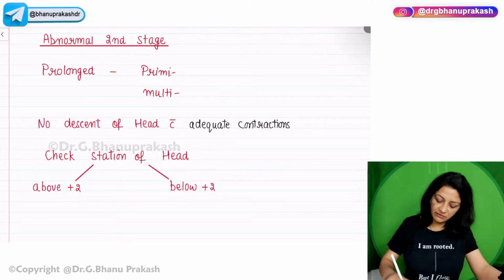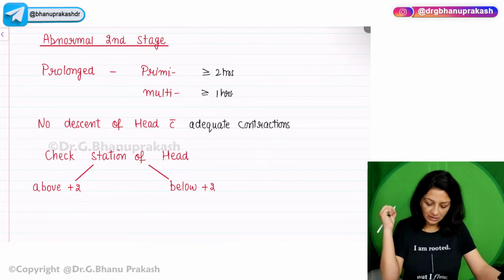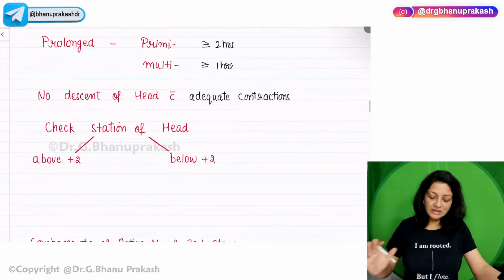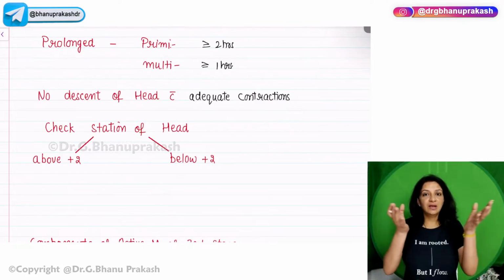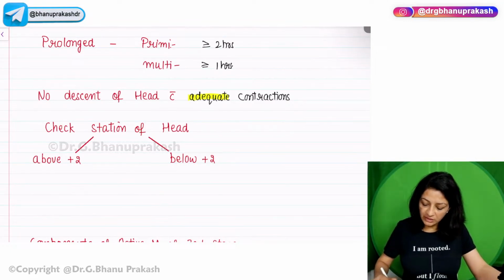Prolonged. Prolonged means if the primary more than 2 hours and multi more than equal to 1 hour. This is called as prolonged active second stage of labor. Means no descent of head. Means head का नीचे नहीं आना with adequate uterine contractions.